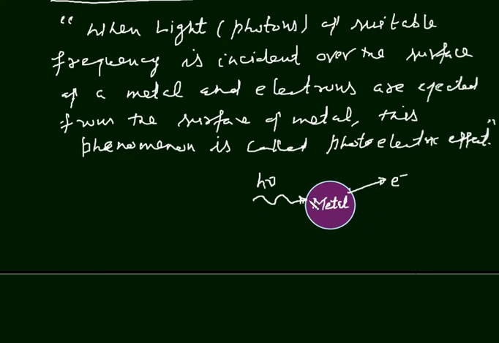And the main important thing in this phenomenon is that this frequency should be suitable, or this energy should be suitable. It means that photoelectric effect is not possible with any value of energy. A suitable value of energy is required.